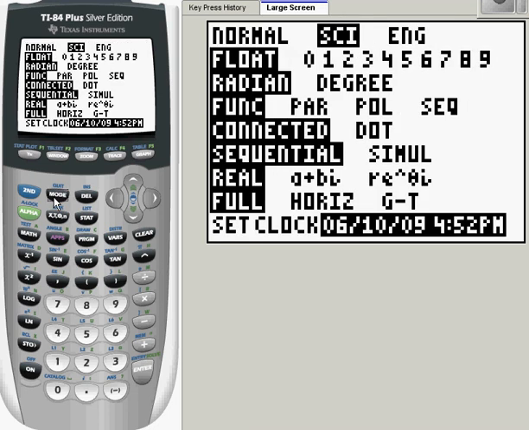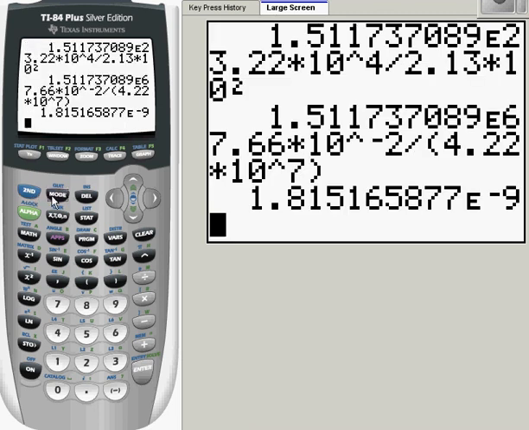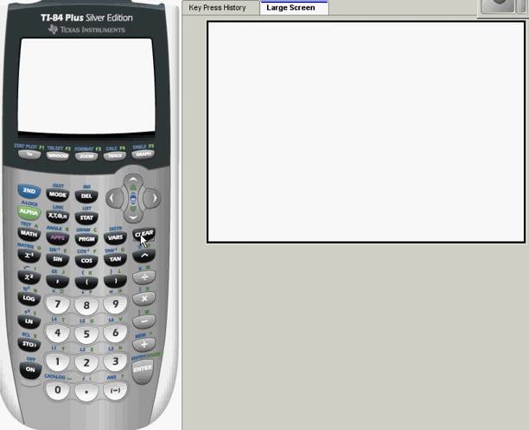Go back to my home screen, clear out what we've already got there. And now I'm going to put in one of the original problems, 4.34 times 10 to the 6th, and change it to standard notation, or what our calculator calls normal. That's 4.34 times 10 caret 6, enter, and it's 4,340,000.